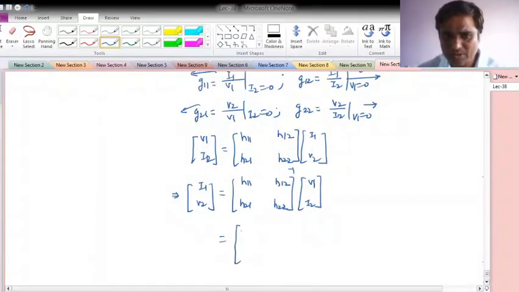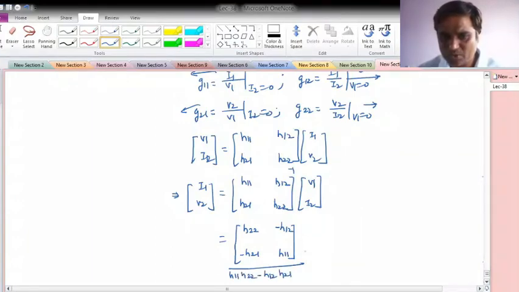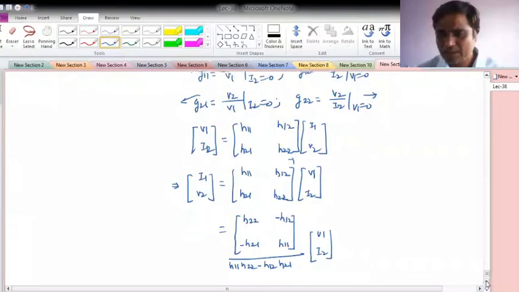So what is the adjoint? The adjoint will be H22, minus H12, minus H21, and H11, divided by the determinant, which is H11 H22 minus H12 H21, with V1 and I2 as the independent variables.